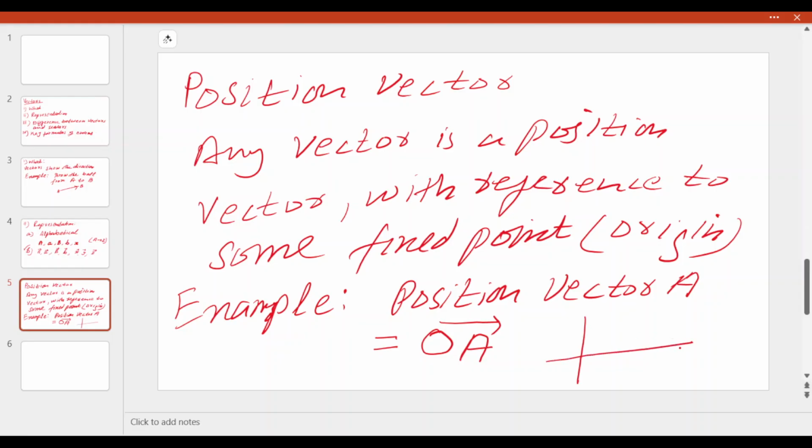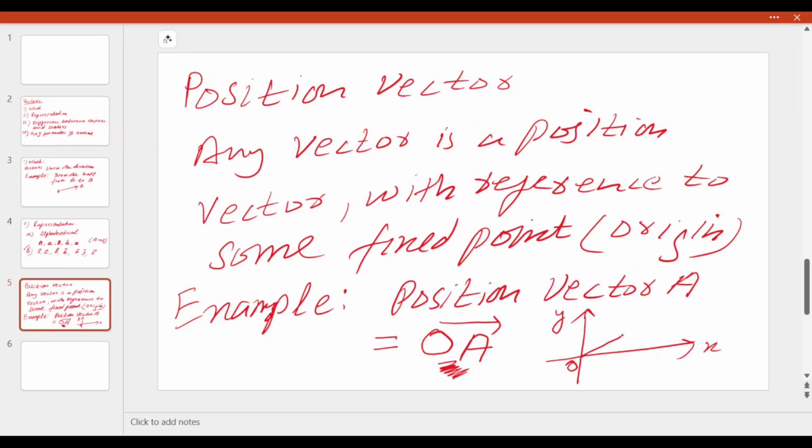So we can also understand it through the graph. We know that the point of intersection is the origin O. These two perpendicular lines make a graph. The horizontal line is x-axis and the vertical line is known as y-axis. We will discuss it later on, but here we are going to discuss the position vector.